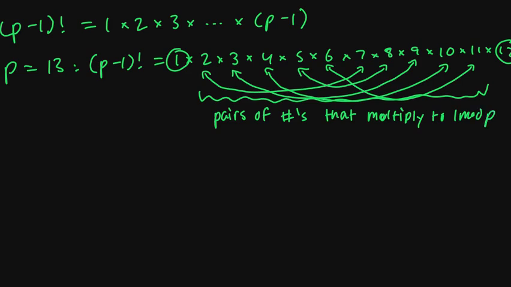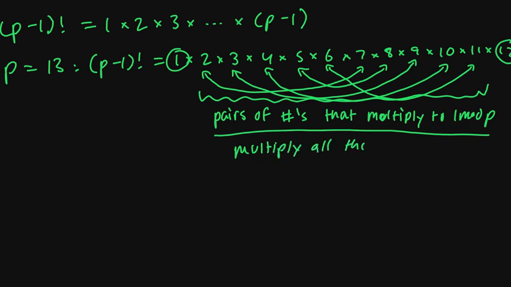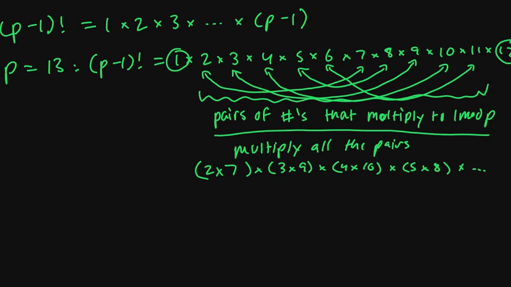If we break this up into numbers that multiply to 1 mod p, and we multiply all the pairs, so we multiply 2 times 7 times 3 times 9 times 4 times 10 times 5 times 8 and so on, we multiply all these pairs that we found.